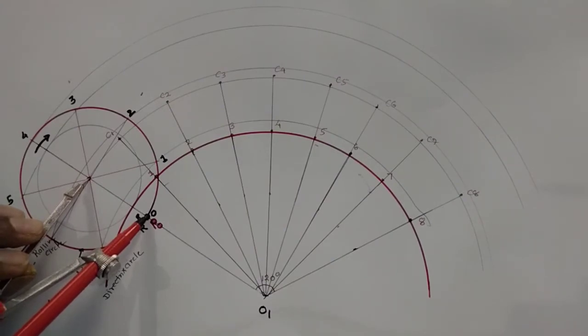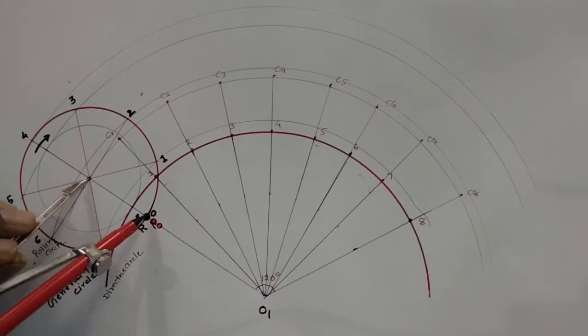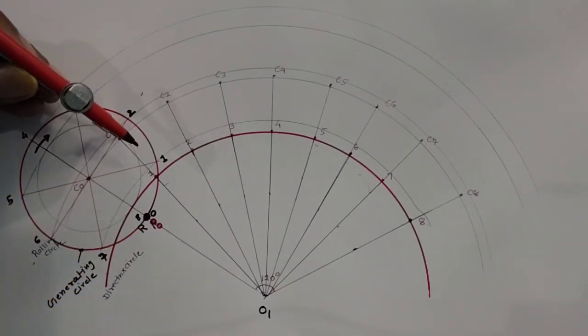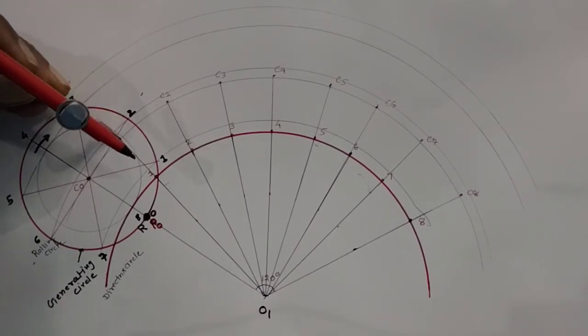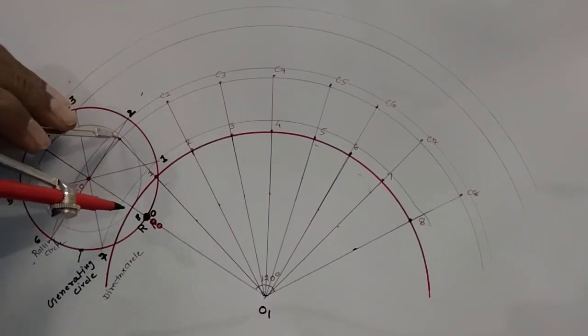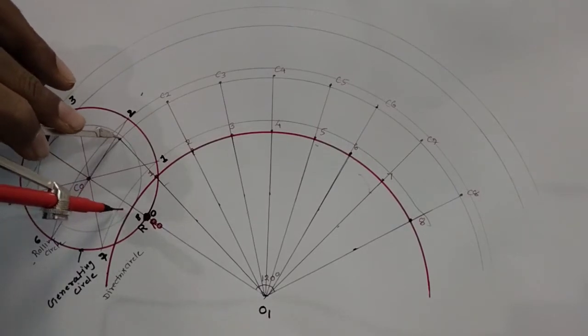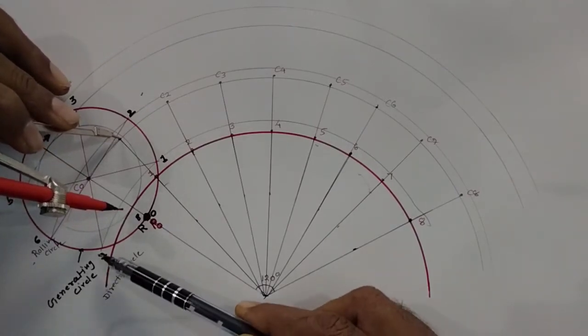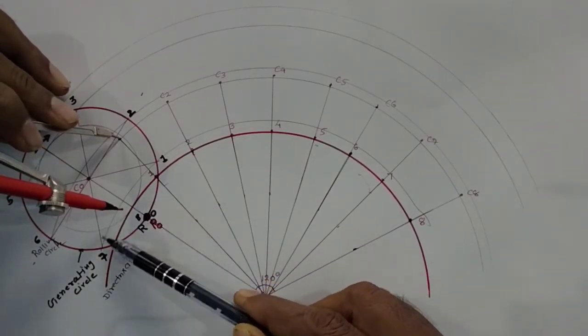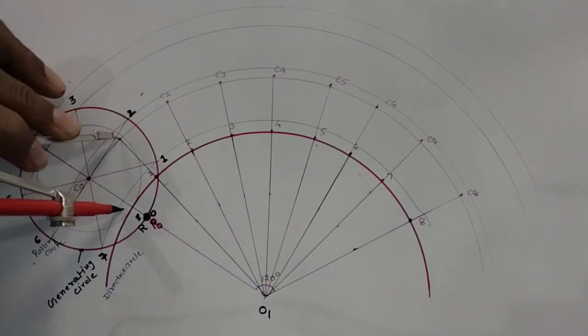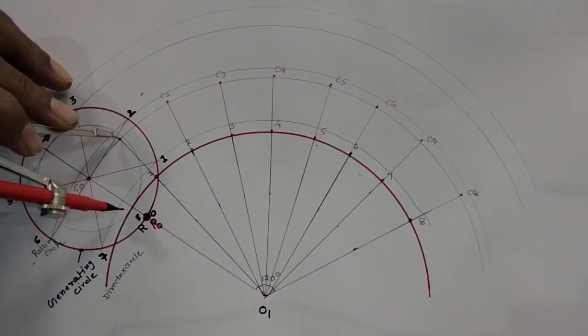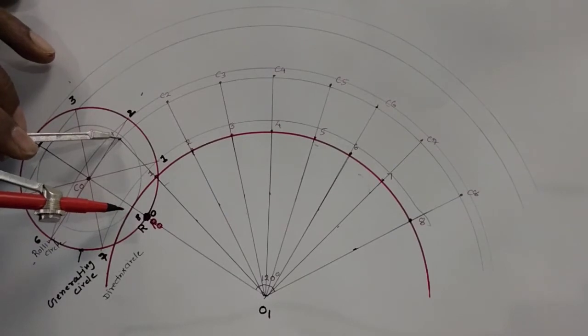So I choose the 35 mm radius, then center C1, and I draw the arc on the 1 number circle, the circle which passes from 1 and 7. You have to draw the arc on this circle after selecting C1 as center, radius 35.